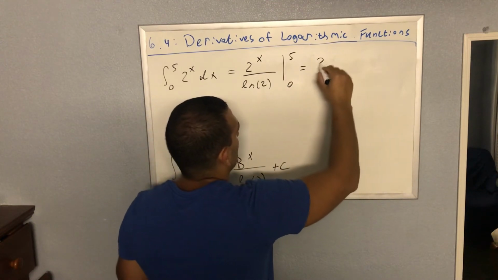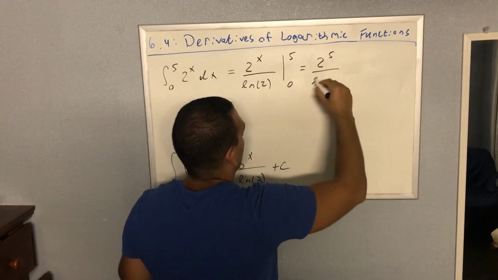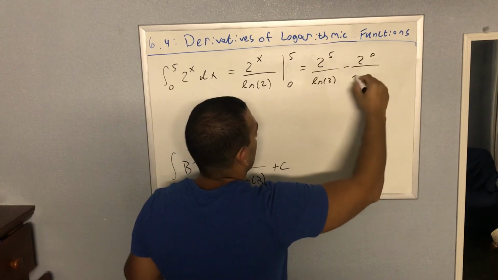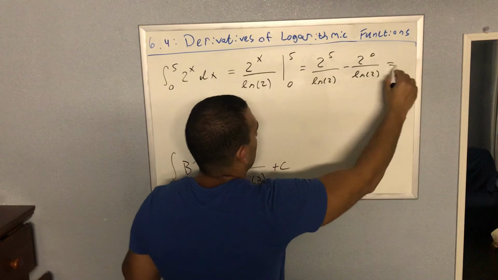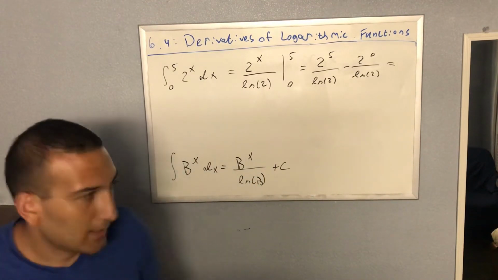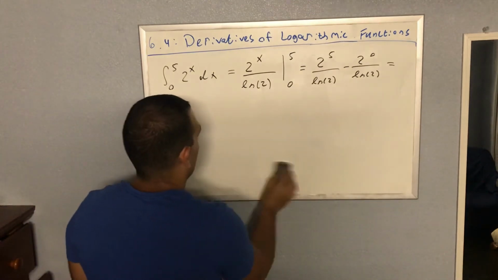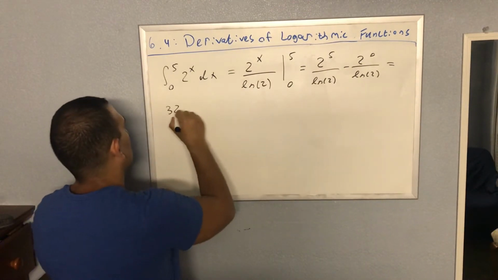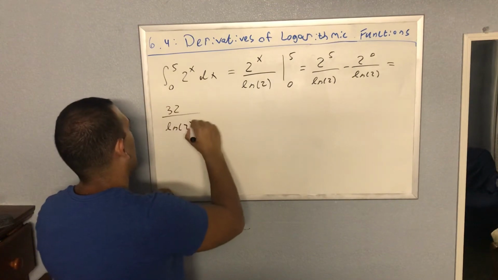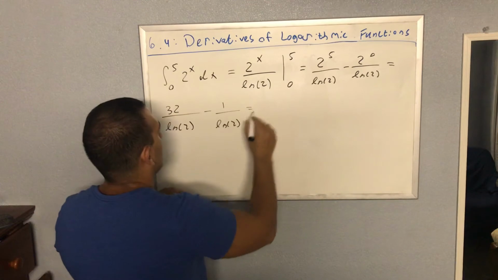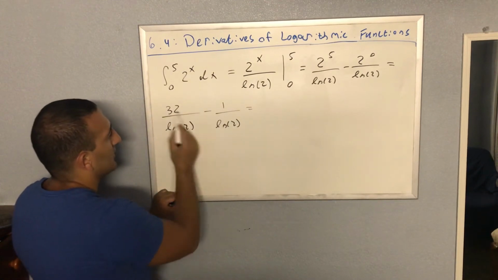So this will be 2 to the 5 over ln of 2 minus 2 to the 0 over ln of 2. And that's just 32 over ln of 2 minus 1 over ln of 2, which, because they have the same denominator, you can just subtract.